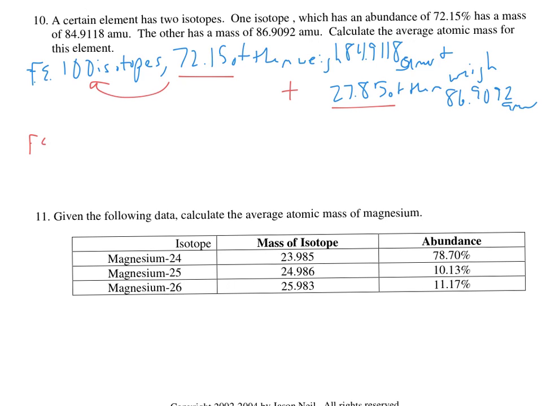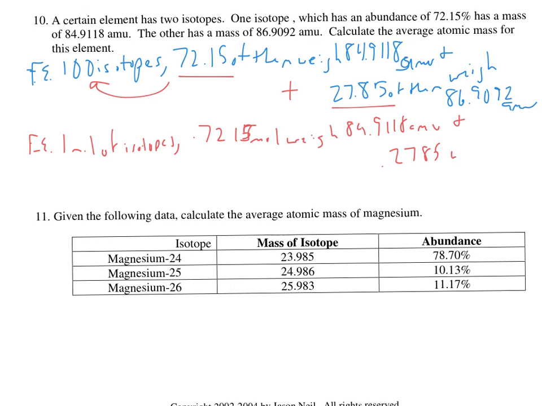I'm going to say for every 1 mole of isotopes, 0.7215 moles weigh 84.9118 AMUs and 0.2785 moles of them weigh 86.9092 AMUs.